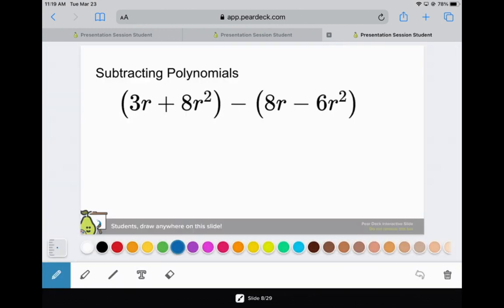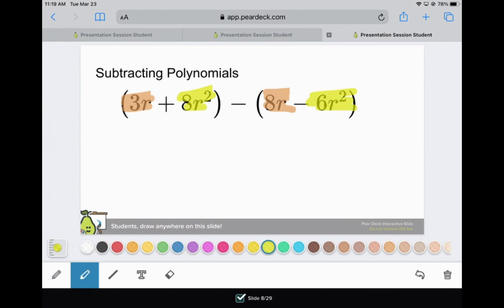Okay, let's do another one. If I have to line it up, again, I'm going to highlight the like terms. Right? These two are alike. So I'm just lining them up. So 3r.